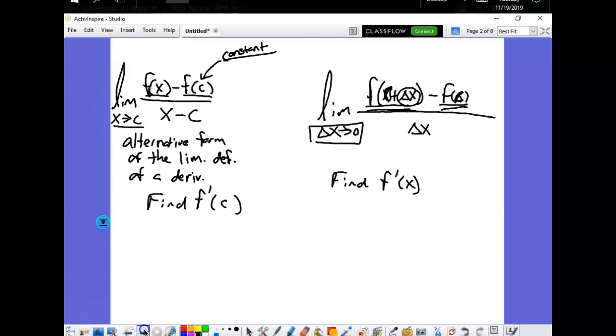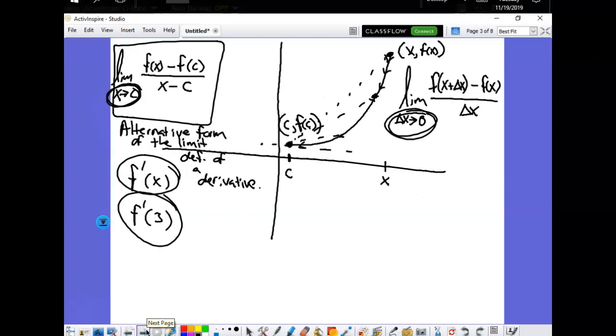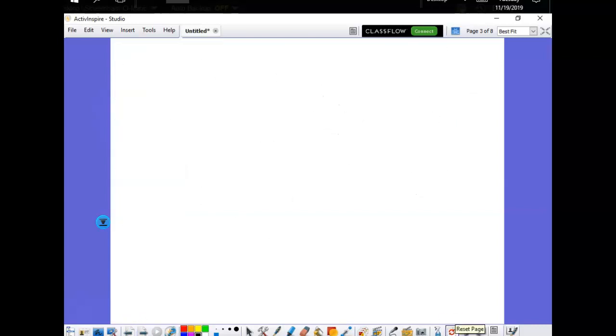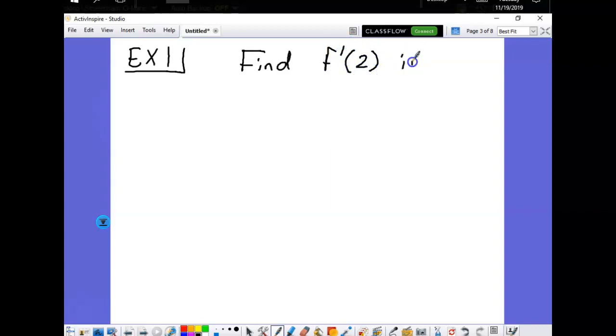All right. So now that we know that, let's begin. We'll start with something easy. Find f prime of 2 if f of x is equal to 6x minus 9.